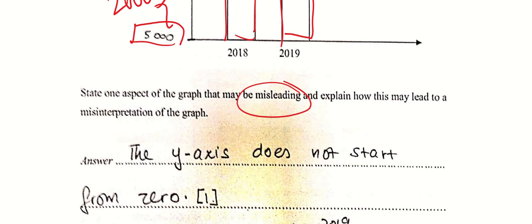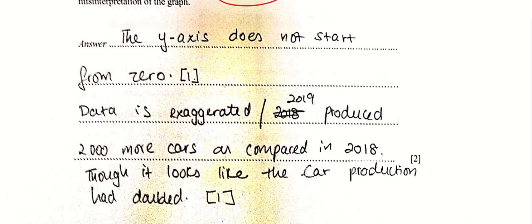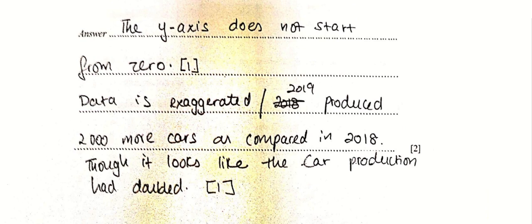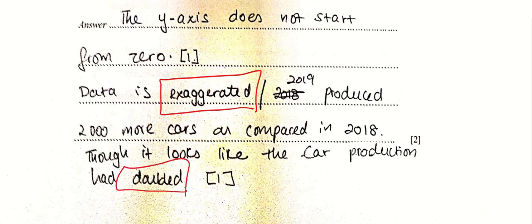So the answer is this: the y-axis does not start from 0, so this will give you 1 mark. The data is exaggerated. Or you can say that the production in 2019 is 2,000 more cars, but it looks like it has doubled. In order to double, you would have to produce 7,000 more.